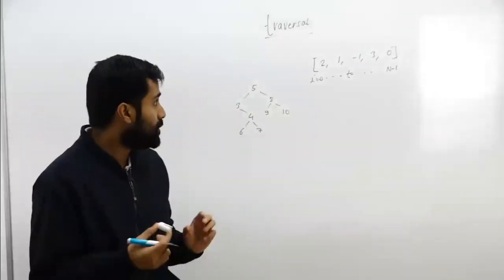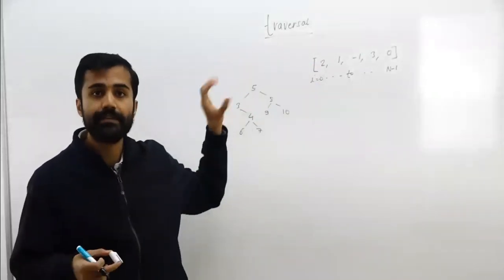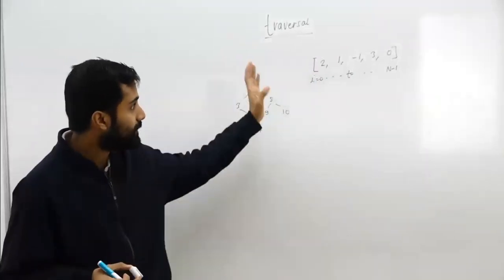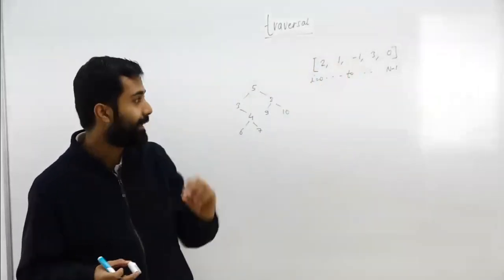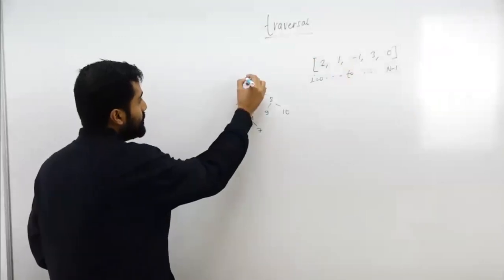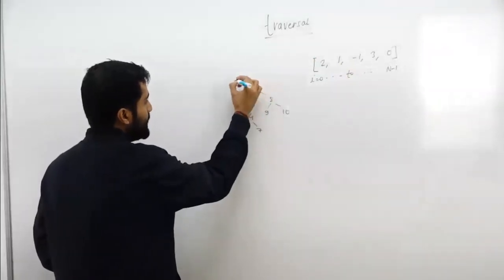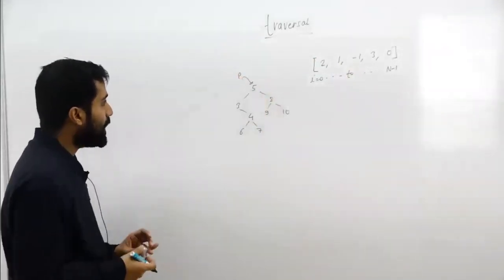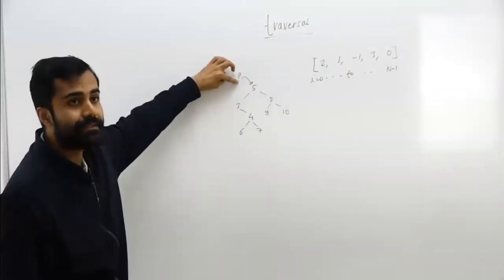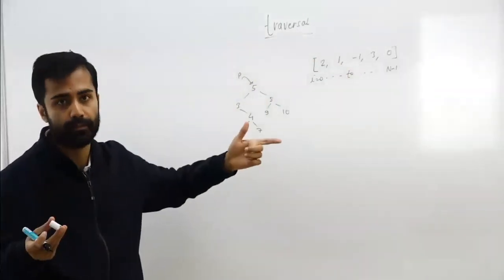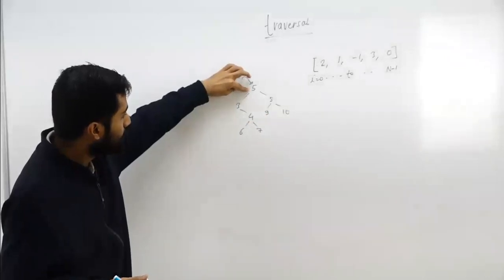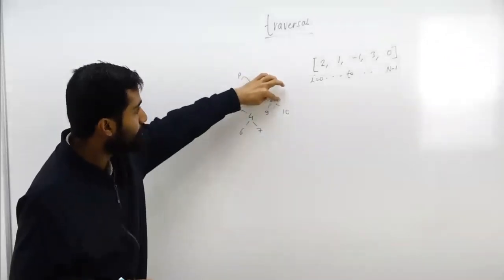The answer is no, not exactly the same, because a tree is not linear. So how do you decide in which direction to go? When I say direction, let's say somebody gives you a pointer to this, and that pointer is P. Now, there are two directions that this P can be made to move into. Either you can make it move towards left, or you can make it move towards right.